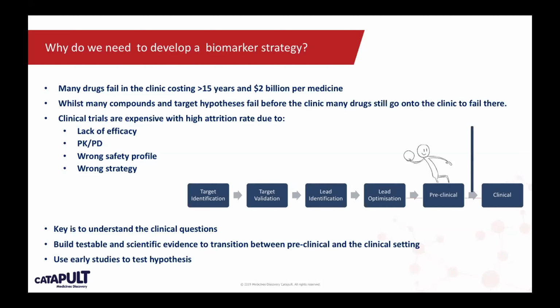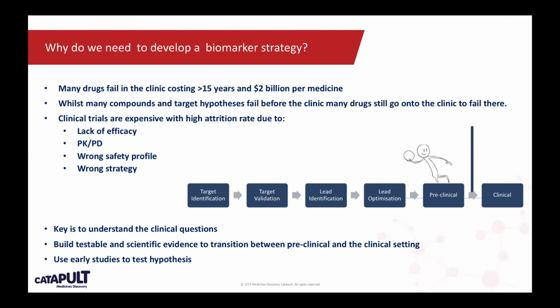Whilst many compounds do fail in the preclinical phase, a lot of them still go into the clinic and fail there. And it's a very, very low percentage that get all the way through to registration and treating patient disease. There are many reasons why these clinical trials can fail. One is lack of efficacy, so you're not getting the response that you're expecting in the clinic.